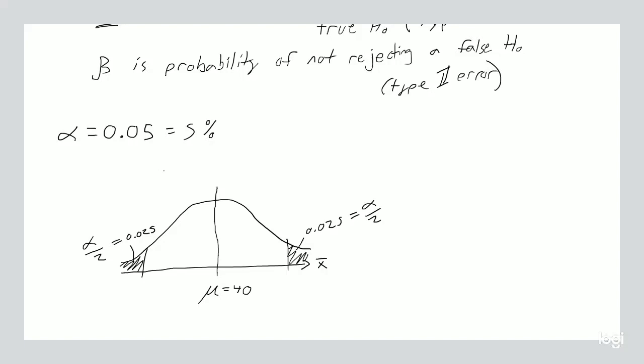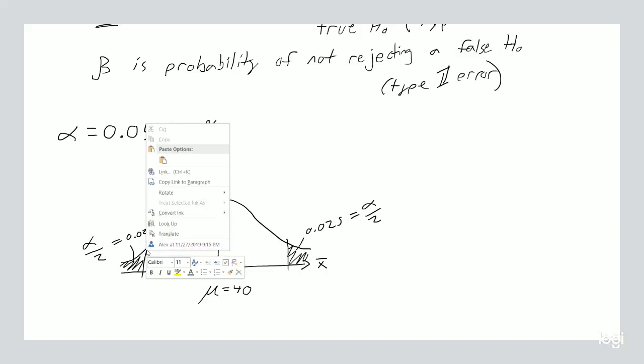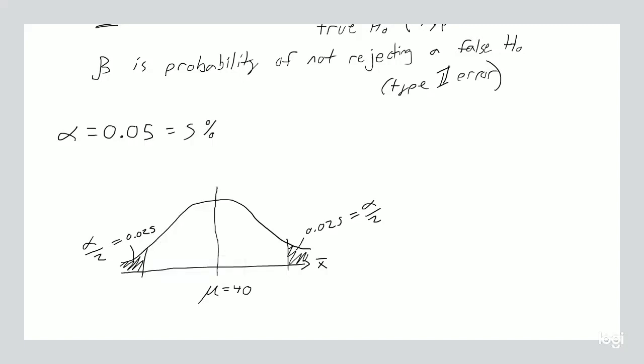So these tails determine our cutoff. Okay, if we see a value this small, that it fits into the smaller tail, also known as the rejection region, or we see a value this big, so big that it falls into the upper tail, also part of the rejection region, we say, you know what, these values are so far from our assumption that mu equals 40. They're so far from our assumption that we're going to reject our assumption.